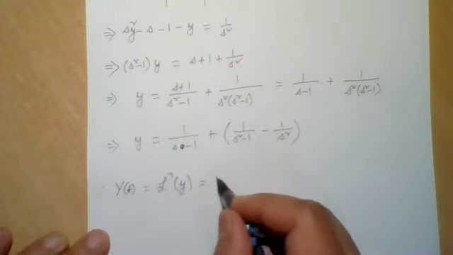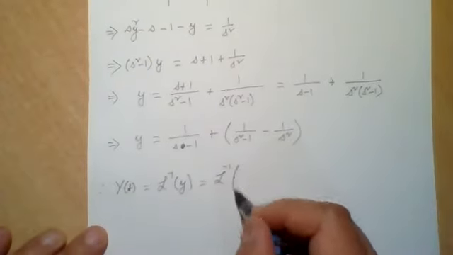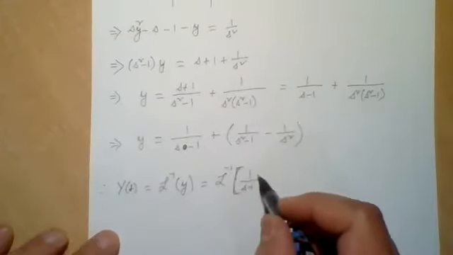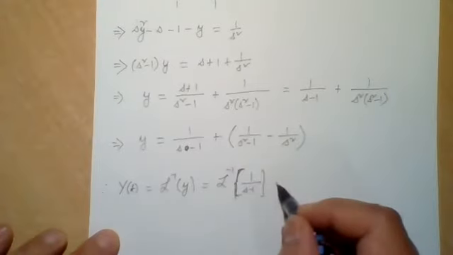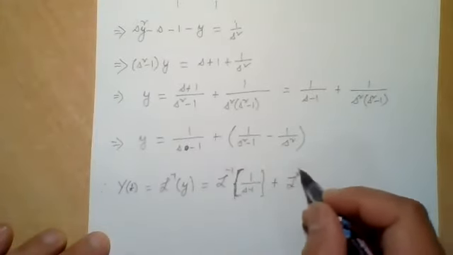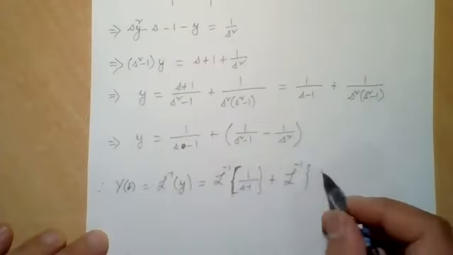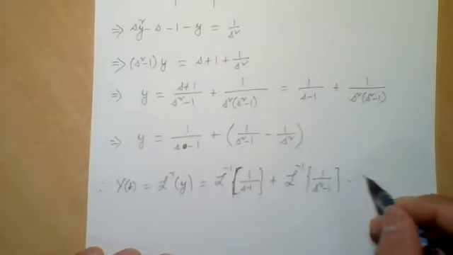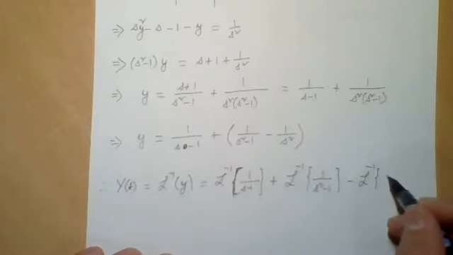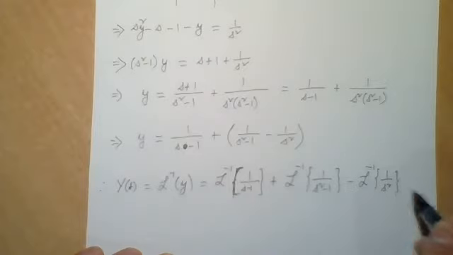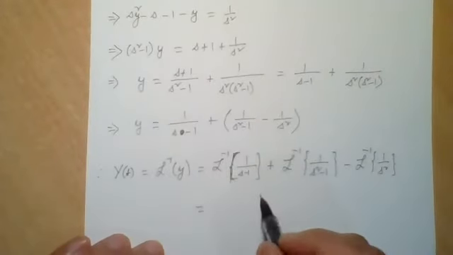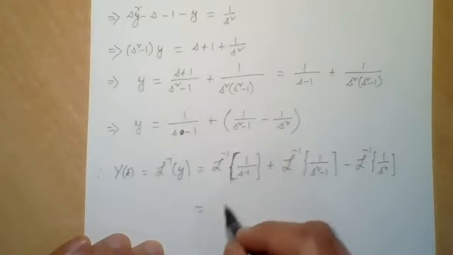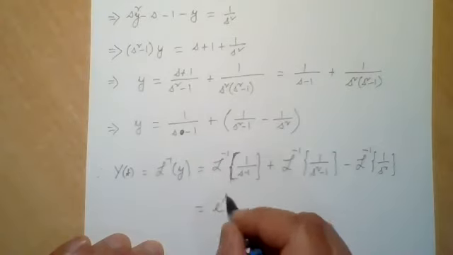So this is the inverse Laplace transform of 1 by s minus 1, plus the inverse Laplace transform of 1 by s square minus 1, minus the inverse Laplace transform of 1 by s square. Now, the inverse Laplace transform of 1 by s minus 1 is nothing but e to the power t.